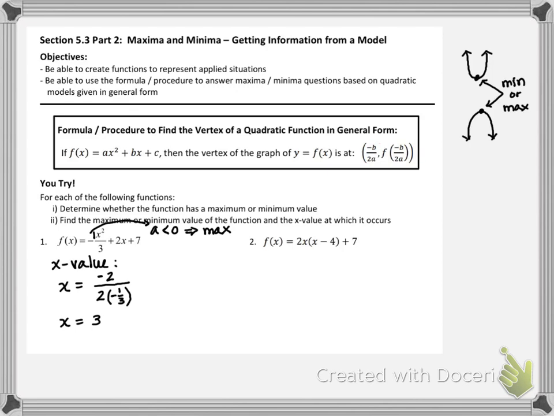So now to find our y value, we're going to evaluate the function for an input of 3. So we've got f of 3 equals negative 3 squared over 3 plus 2 times 3 plus 7.